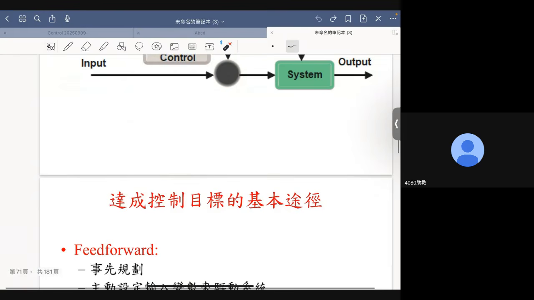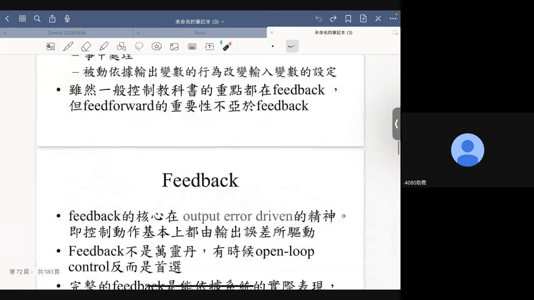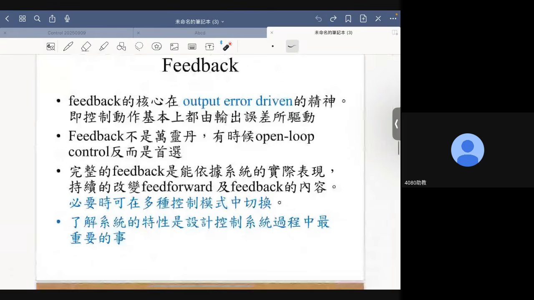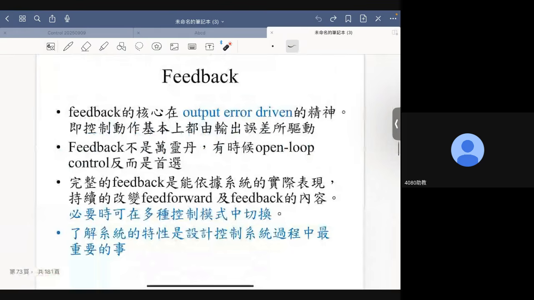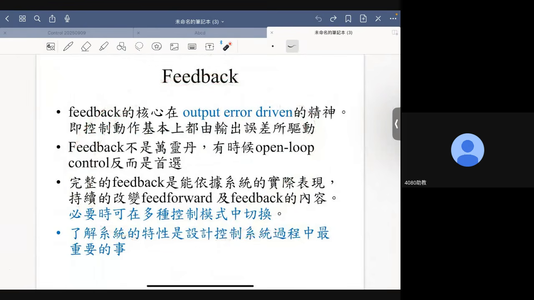Okay, let's skip this page because everything in it I have already covered in our previous slide. The point I want to make in this particular slide is, again, to emphasize that feedback is not the only option. Feed-forward is also very important. But for most control textbooks, the attention is on feedback, because feed-forward is not complicated.